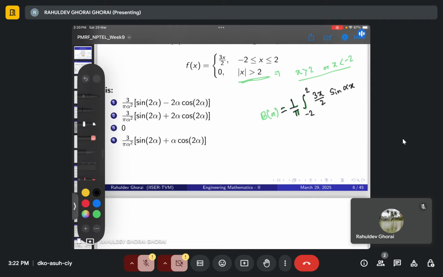So first, that implies b alpha equals 3 over 2 pi, integral from minus 2 to 2 of x sine alpha x.